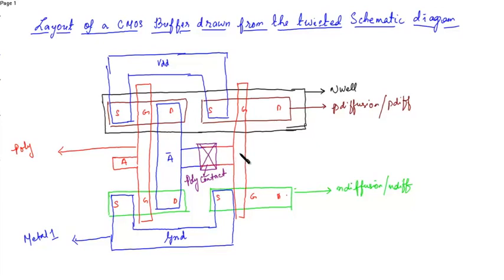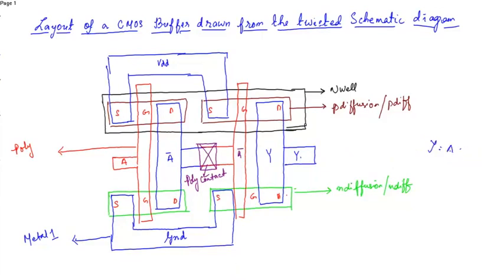Now this is the input, that is A bar, and the output of the second inverter is obtained from here, which is Y. Okay, you can see this is the final output of the buffer, it is Y. Now this Y is nothing but equal to A.